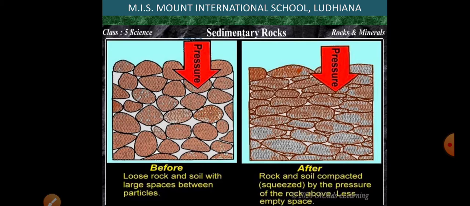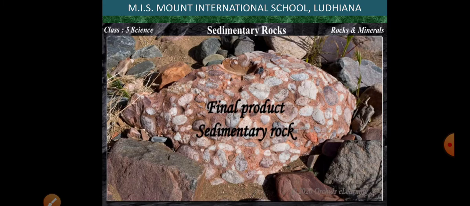So firstly, when they are not pressurized, there are loose rocks or soil, but after the compact pressing, or after the huge compression, these rocks get converted into solid rock material, which finally is the sedimentary rock. Okay students, so the final product of sedimentation is sedimentary rock.